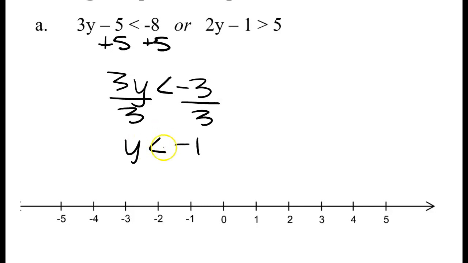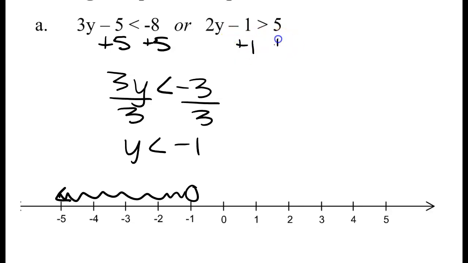So I'll graph y is less than negative 1. Let's put an open circle on negative 1. All the numbers less than negative 1 are to the left of it, so that's everything over here: negative 2, negative 3, and so on. Because this is an or statement, my arrows are going to be facing opposite directions. So let's solve the other side and graph that as well.